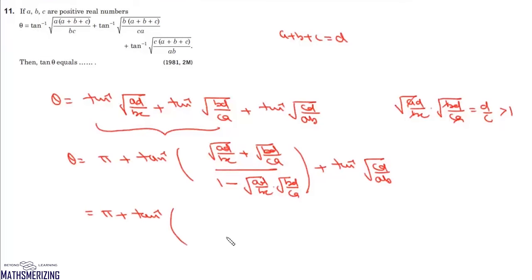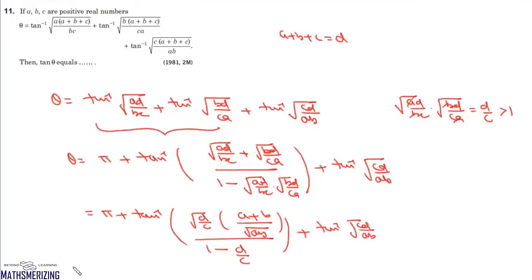Now here we'll take under root d upon c common, then we'll get a plus b upon under root ab, and here we'll get 1 minus d upon c, and plus tan inverse under root cd upon ab.